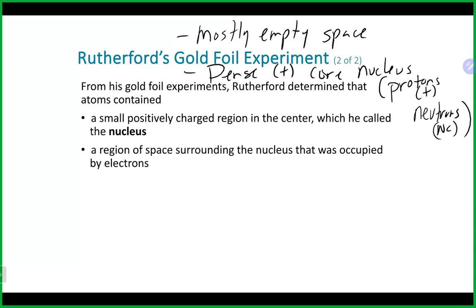And the other difference between the plum pudding model and this model of the atom was that, instead of the electrons being most of the mass of the atom, most of the mass of the atom was the nucleus. So most of the mass of the atom is the nucleus, and we'll talk in a second about why that is as well.